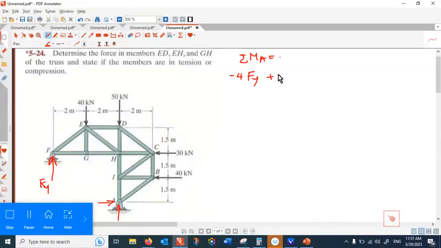That is plus 40 times 2. 50 kilonewton does not make any rotation because it passes through A. 30 kilonewton makes a positive rotation. That is plus 30 times 3. And also 40 kilonewton makes a positive rotation. That is plus 40 times 1.5.